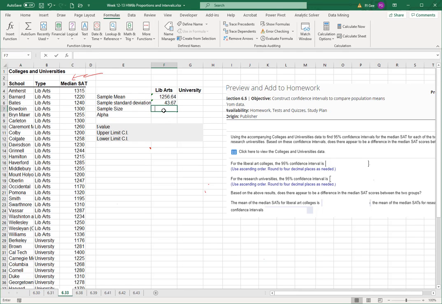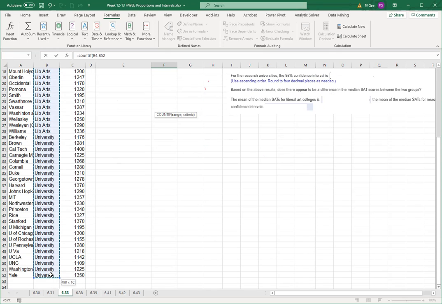Okay, so equals COUNTIF. We can actually just put the number in here, though this is overkill; we could just look at it.